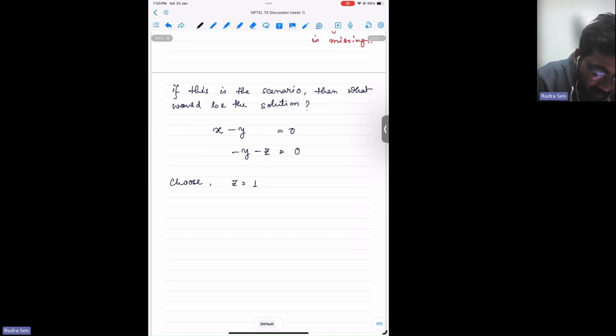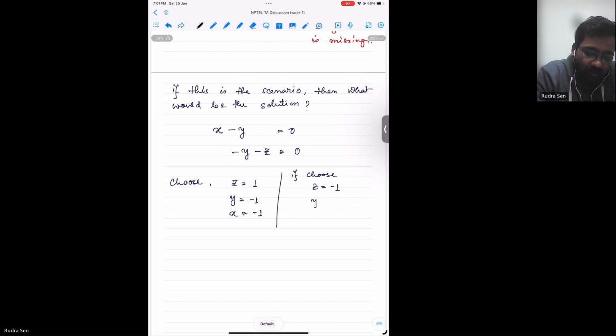So if z equals 1, y equals -1 and x equals -1. Now if we choose z equals -1, y equals 1 gives x equals 1.